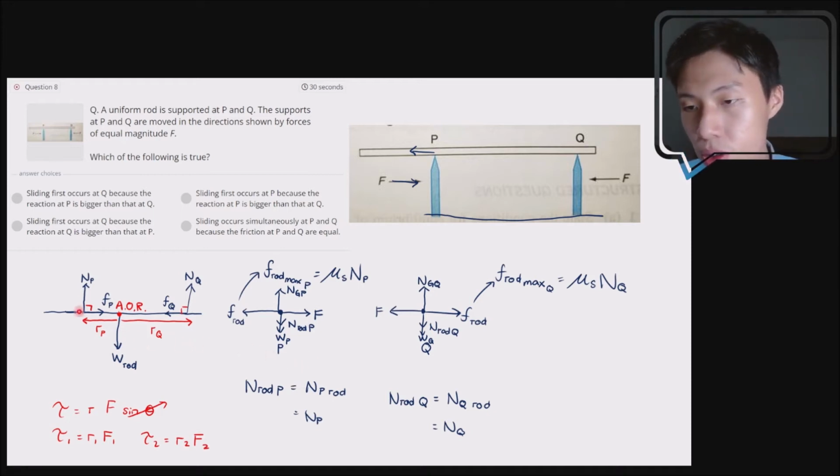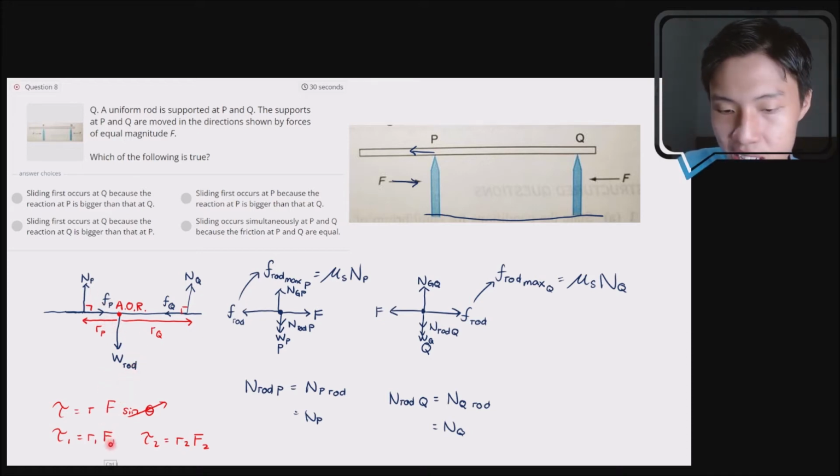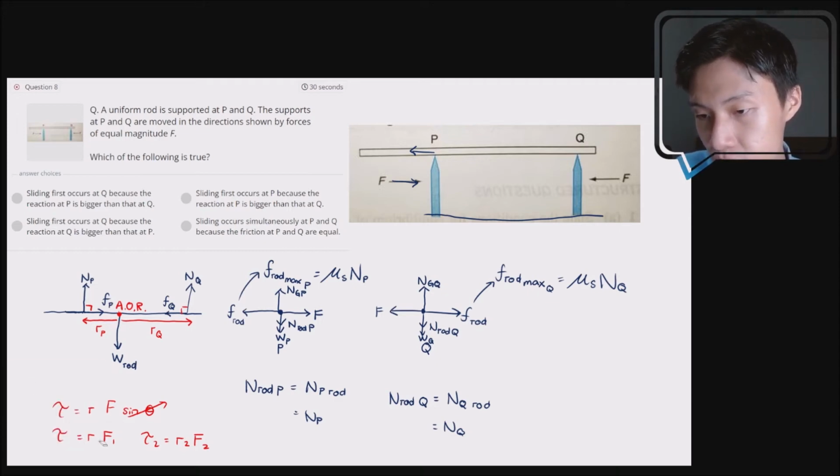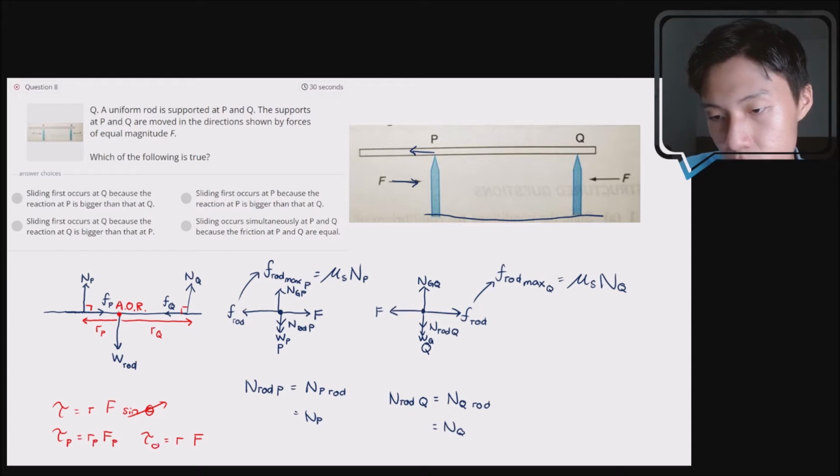Let me just call them P and Q. So torque P will be RP FP, and torque Q will be RQ FQ.